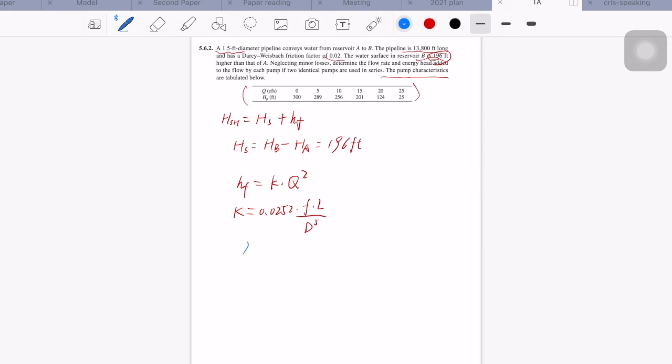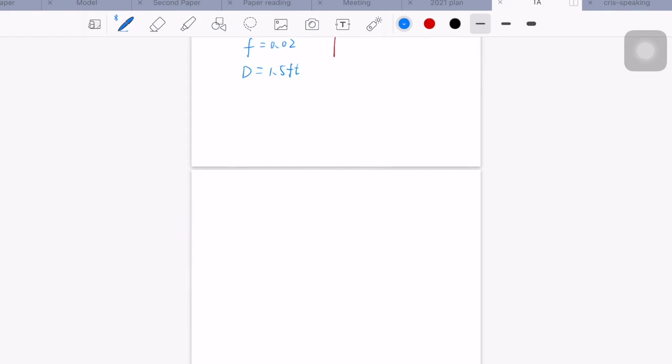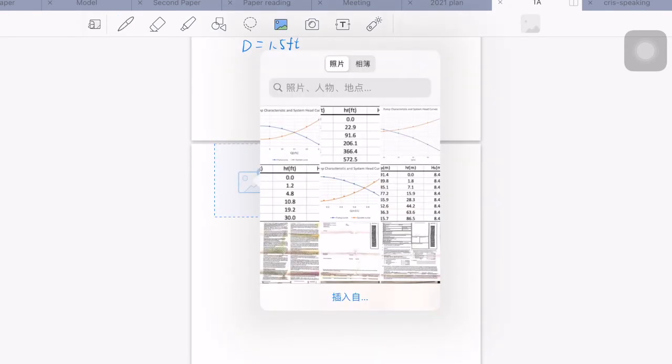We know the length of the pipeline equals 30,800 feet, the F equals 0.02, and the diameter of this pipe equals 1.5 feet. So we can determine the K value equals 0.916. We know the K value, and we also know the pump characteristics, so we can use Excel to create a new table like this one.